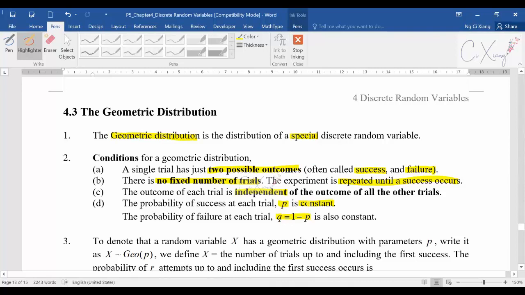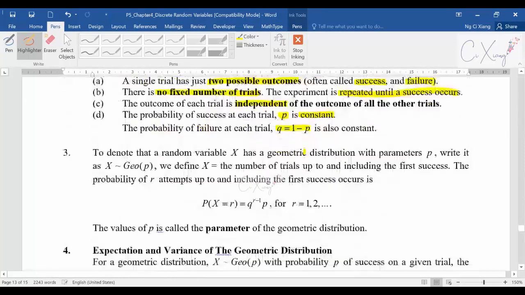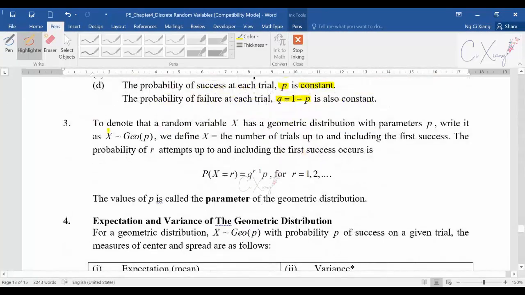Once you know that it is a geometric distribution, you need to write out a special symbol for it. The symbol is X is geometrically distributed, Geo. Don't write G. You should write out Geo and then a bracket with p. This is the symbol for the geometric distribution, and we have only one parameter here, which is p.